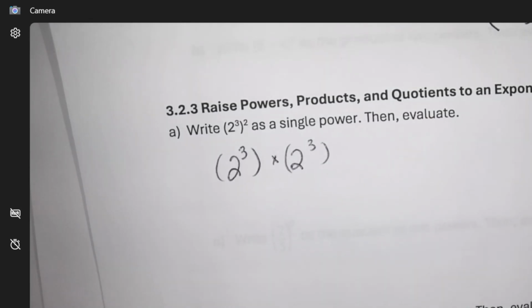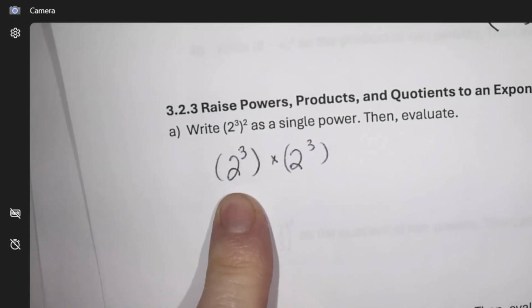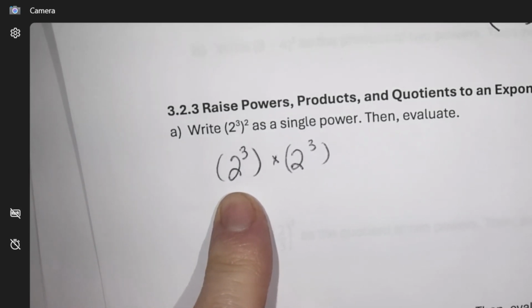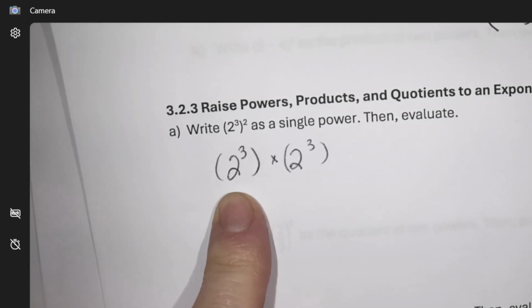So this is what it looks like. 2 cubed gets repeated twice. Now if I just look at this, what is the base? Now this is just a base of 2.